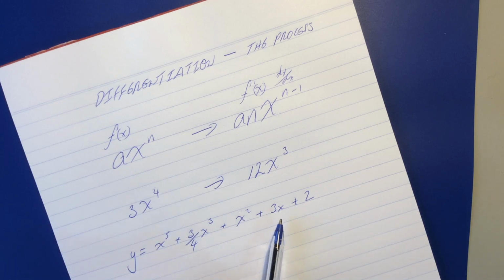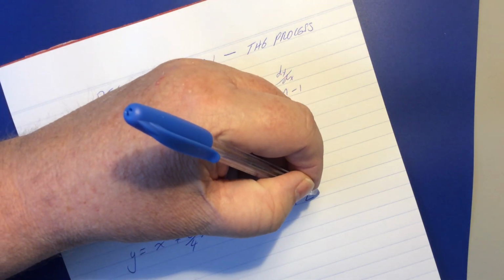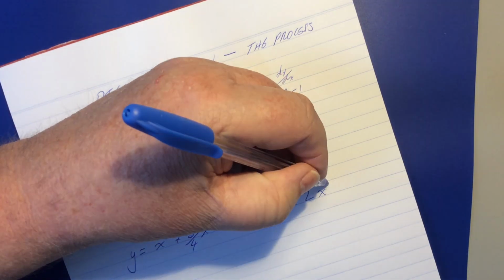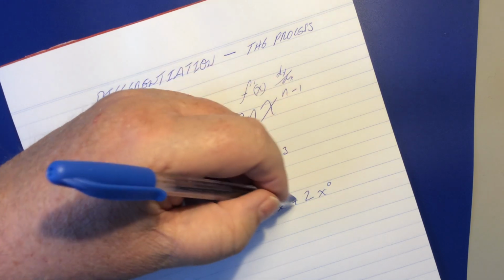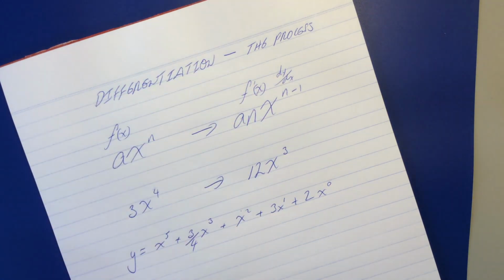When we differentiate, we're only interested in these effectively, because we can write this as 2x to the 0 and this as x to the 1. Now 2x to the 0 is simply 2. We'll deal with this in a slightly separate explanation, but just watch what I do.